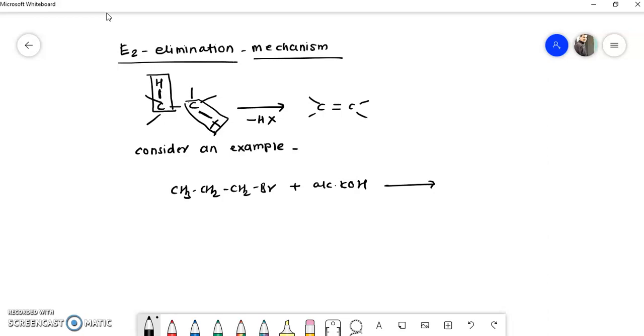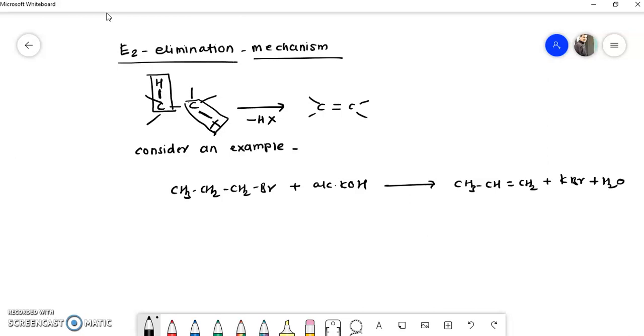There is a formation of propene, CH3 CH double bond CH2, with the elimination of HBr, or you can say KBr plus H2O.